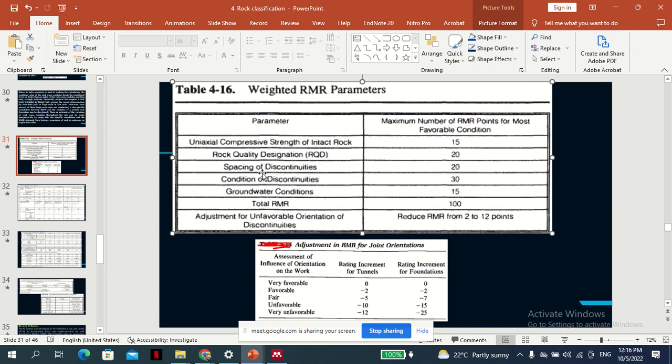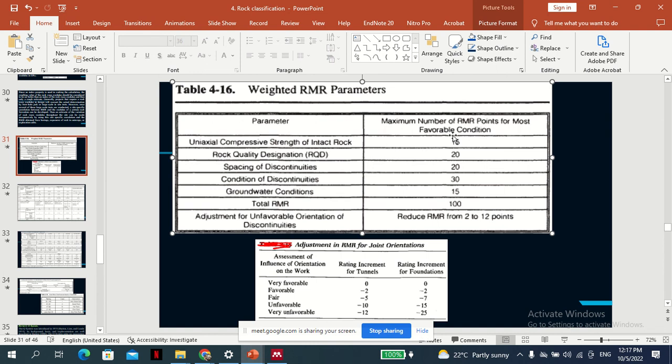So if you have a rock and you want to classify it, you look at the uniaxial compressive strength, or there is another way we call the point load strength test. Based on the strength, you can give a maximum of 15 if the strength is more than 250 MPa.